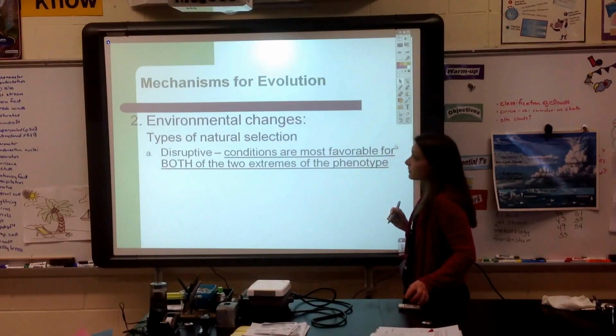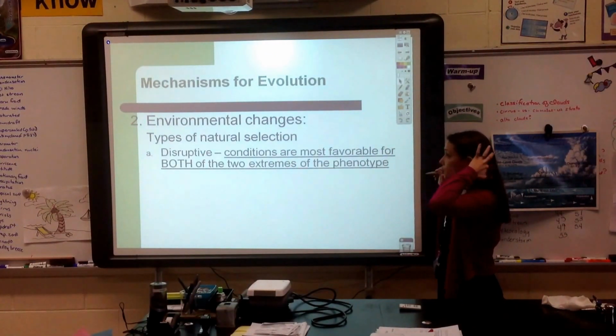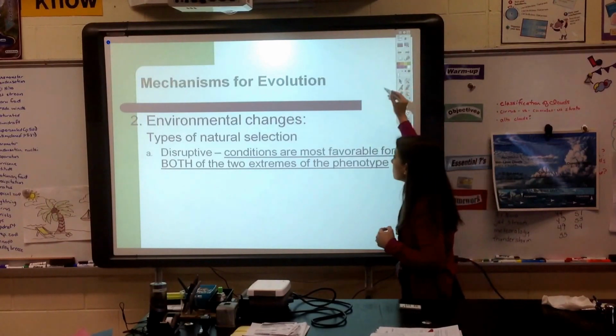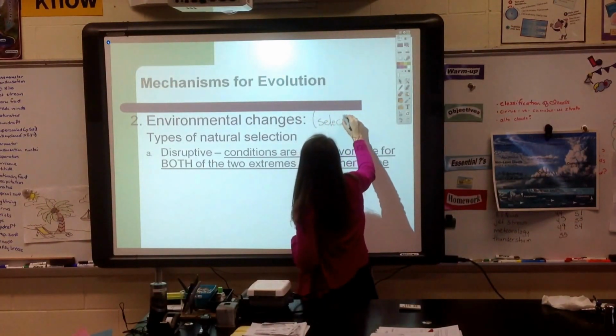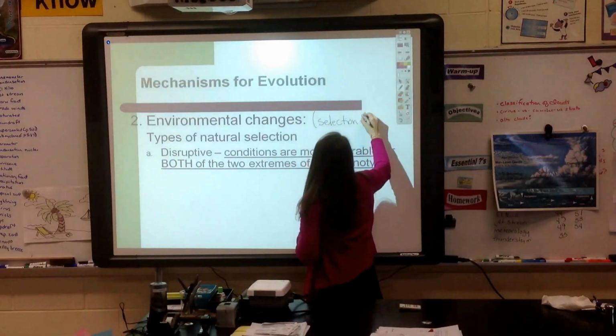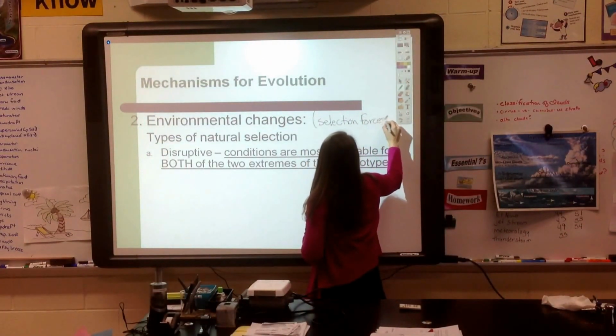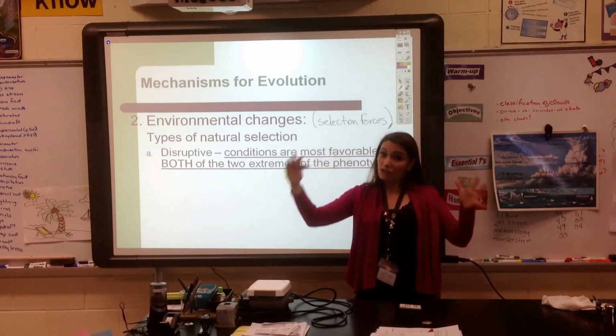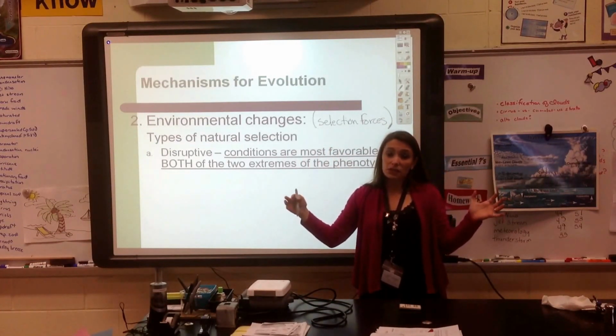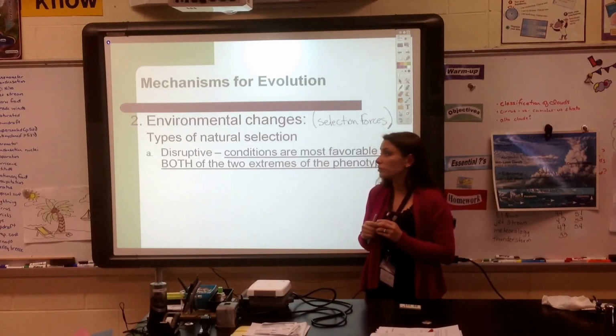We also have to have environmental changes. And what we mean by environmental changes are selection forces. Something has to be doing the choosing. What gets to survive? So we have variation, but something needs to choose what gets to survive.